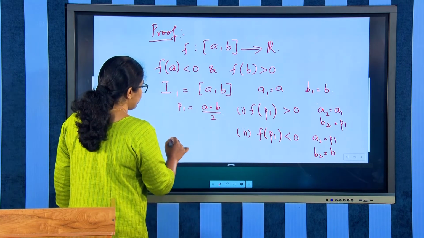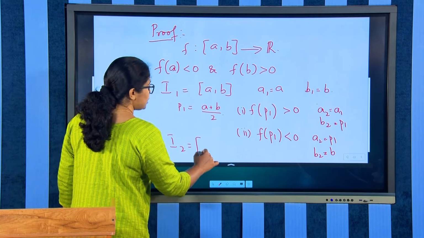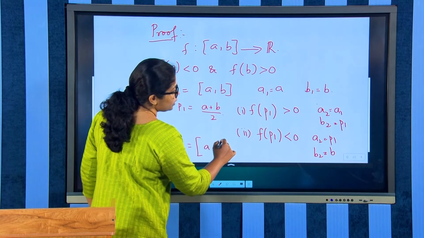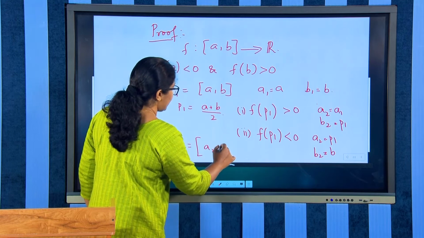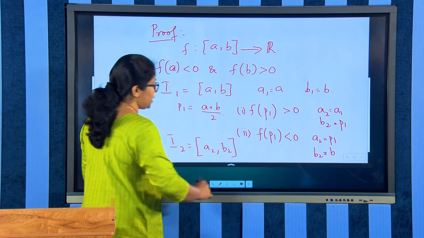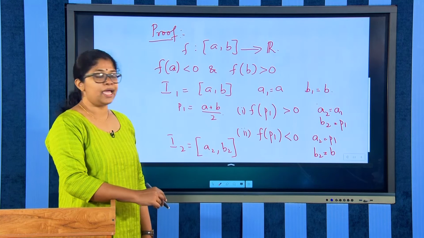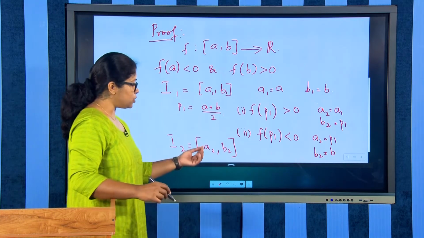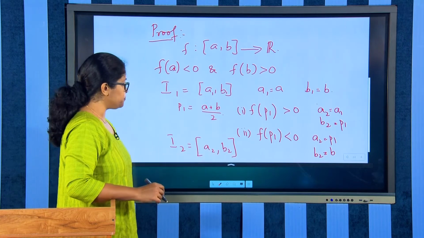So I2 we take as the interval A2 B2, whatever be the case. So I1 is the interval A1 B1, and I2 is the interval A2 B2.